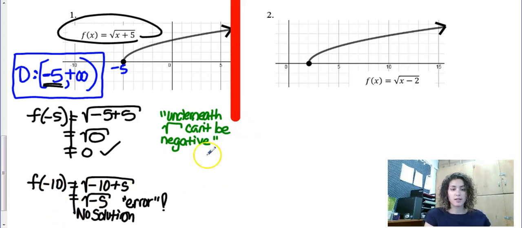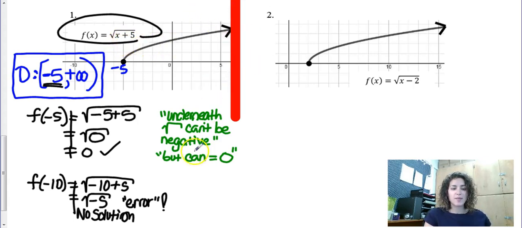We just established that. But I also want to say that it can equal 0, because that was okay. We could take the square root of 0. So how do we use math to say that underneath this radical sign can't be negative, but 0 is okay?